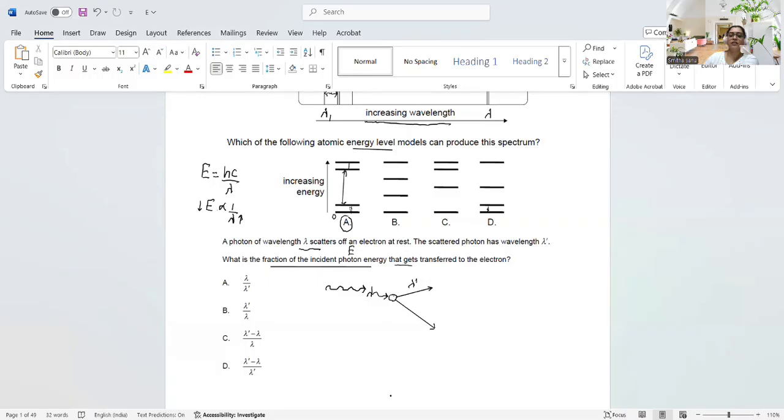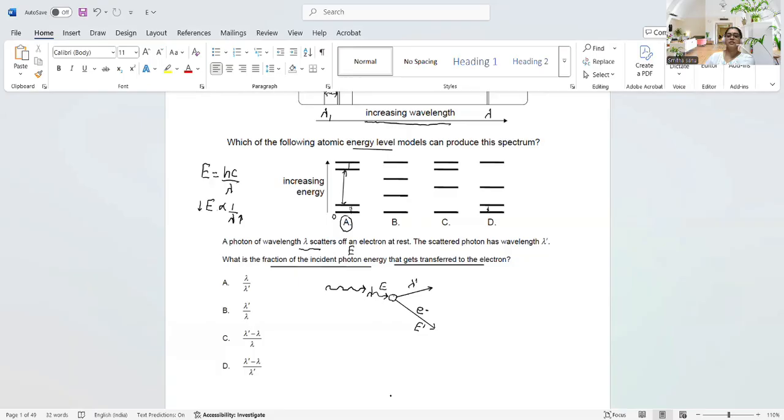So they need the ratio of E input to E out. That is, what is the energy of the emitted electron? The emitted electron will go here. That will have a particular energy. You can call it E dash. And the incoming photon will have an energy E.